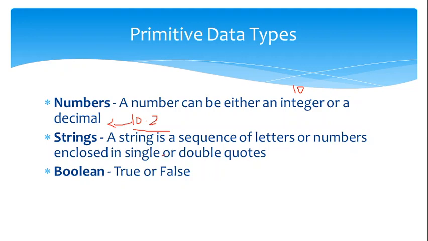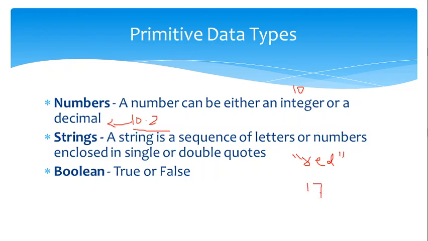Strings. A string is a sequence of letters or numbers enclosed in single or double quote. If you see the string red, this is characters, and if you are writing in the double quote, that will represent as string. String is nothing but a sequence of letters or a group of letters or numbers.